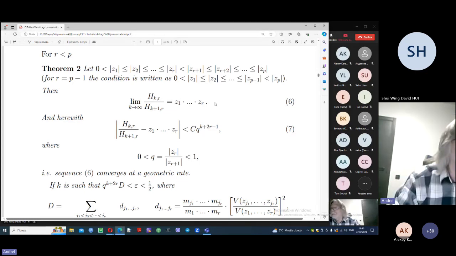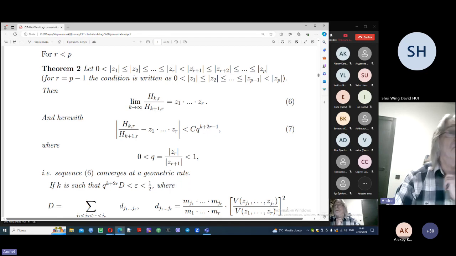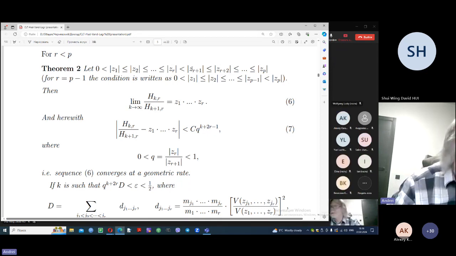And moreover, the convergence has a geometric rate, so it's very fast. In fact, the convergence is governed by a term q, which is simply equal to the ratio of these two roots.